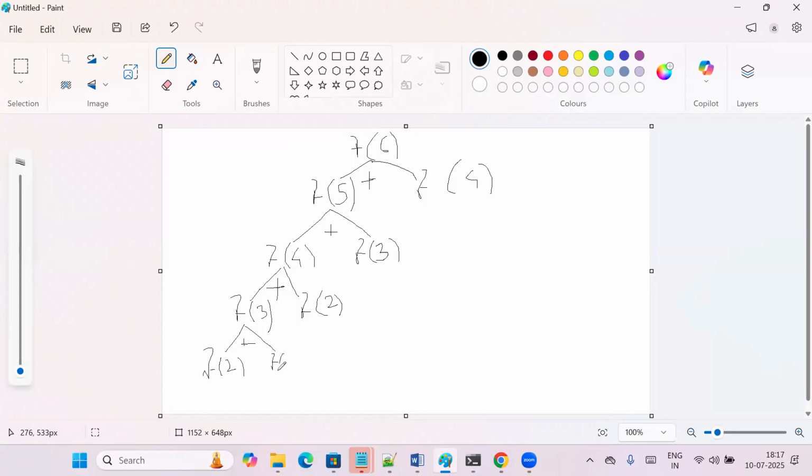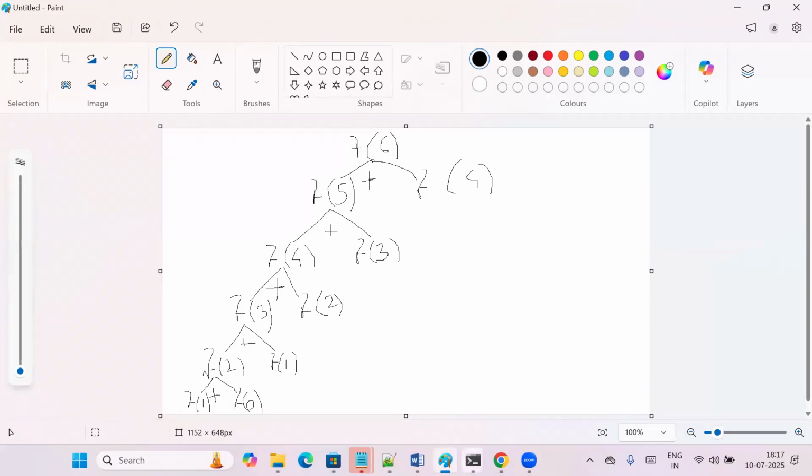Correct? And for this f of 2, again you are getting f of 1. And here you are getting f of 0. Correct? This is the final call, guys. Here is the plus. What is the value of f of 0?